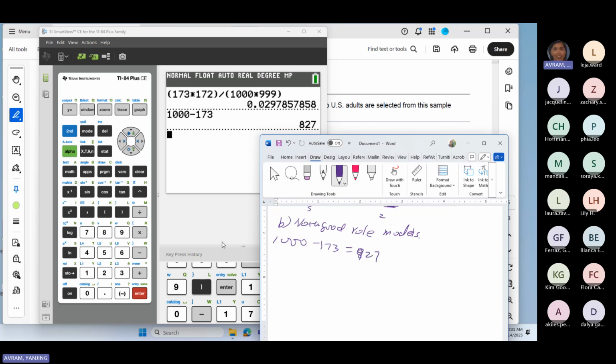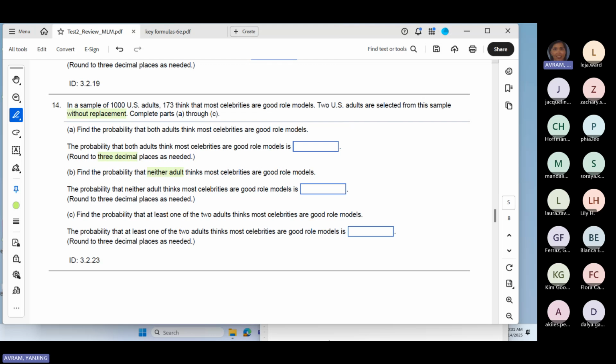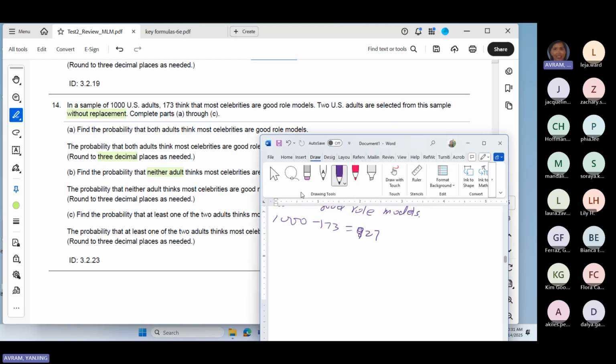To write it cleanly, 827 think the celebrities are not good role models.